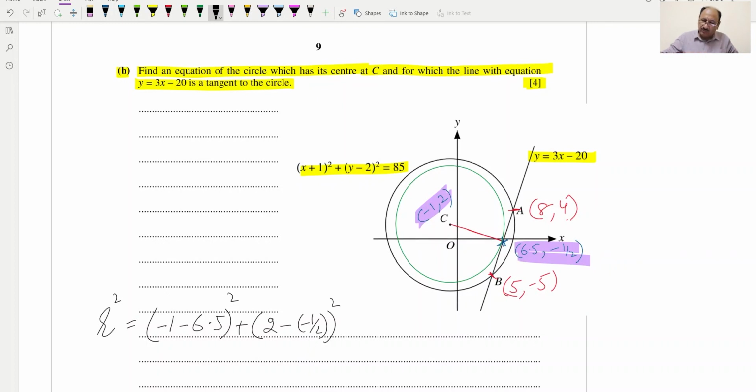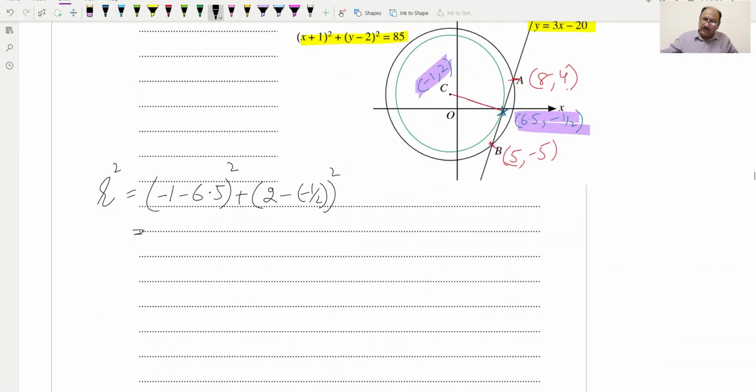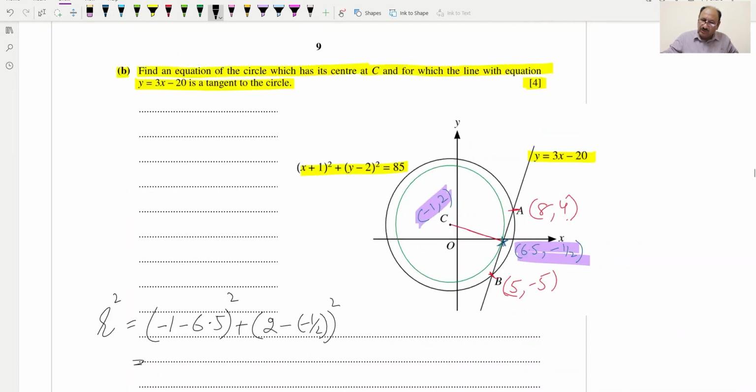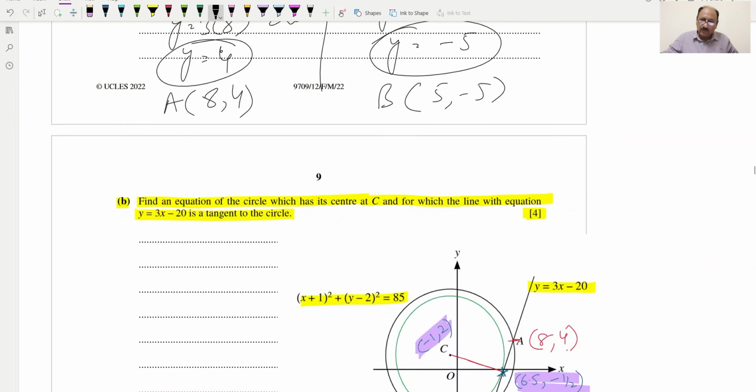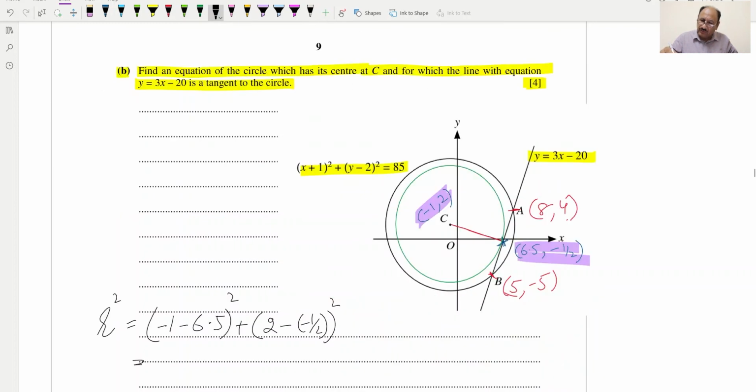Basically we are finding the radius from these two points. Where did we get these points from? The question says find the equation of the circle which has its center at C. We got the points A and B, and from these two points we can find the midpoint, which is this one, and the center we already have.